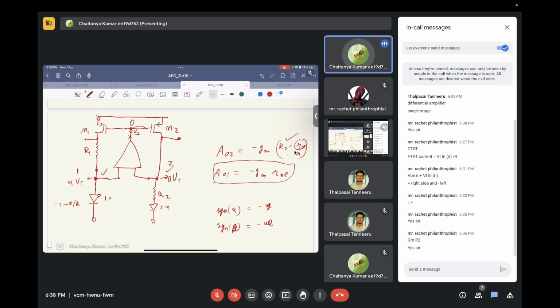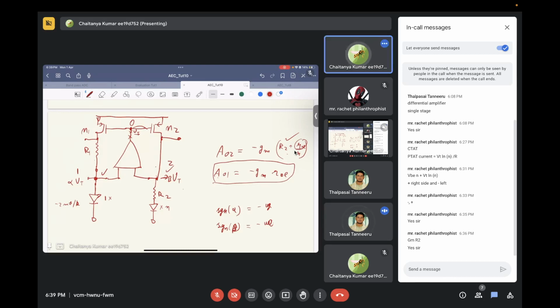So which terminal should be the positive, and which should be the negative terminal? Terminal 1, sir. Why? Because you want negative feedback, since the gain is very less, right? So terminal one should be negative.